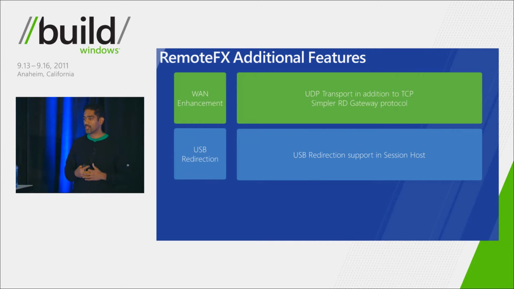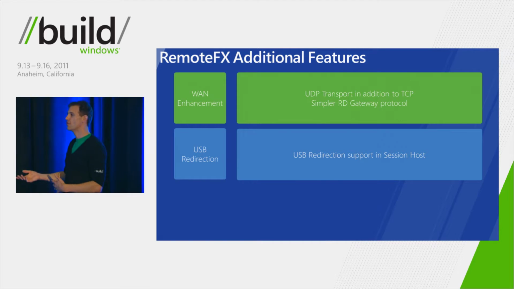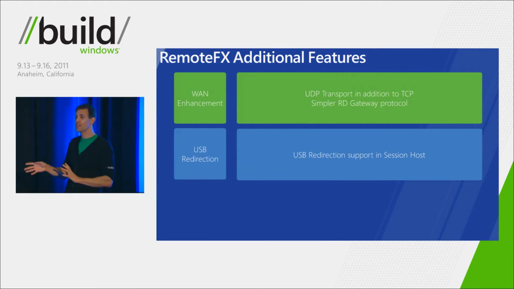What we've done in Windows 8 is extend that support and make it broadly available for the other types as well. So if you have a session host, you can use USB redirection, and if you have a 1:1, you can use it as well. And I want to mention that if you've implemented USB redirection in 7.1 with just VDI in mind, it's going to just work out of the box for session host.